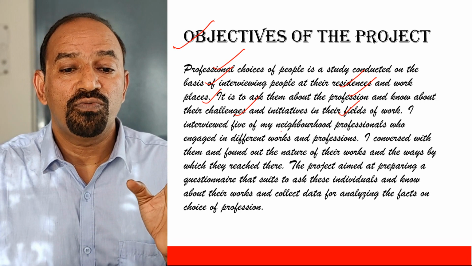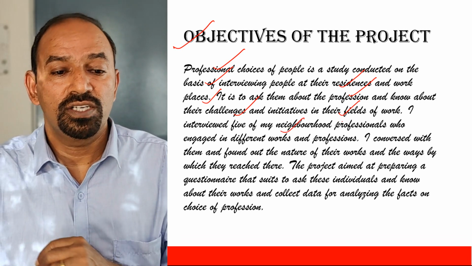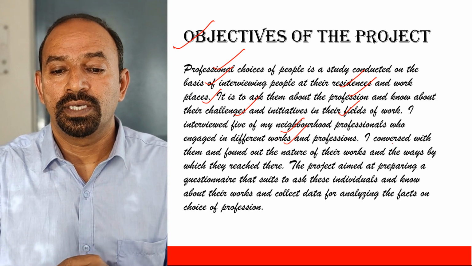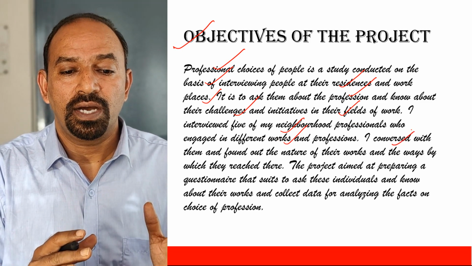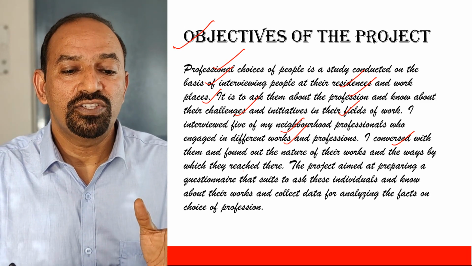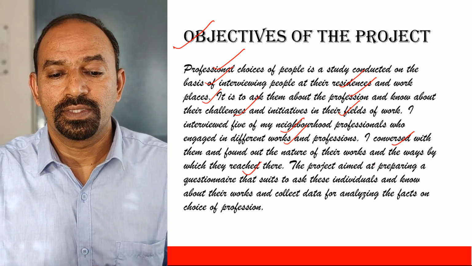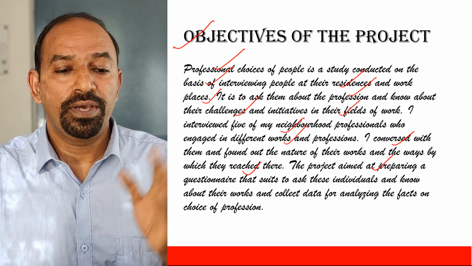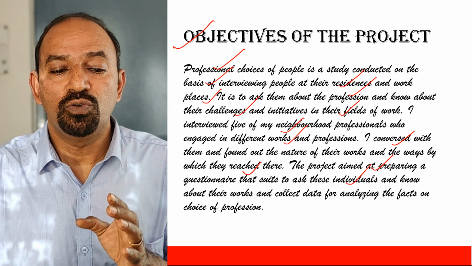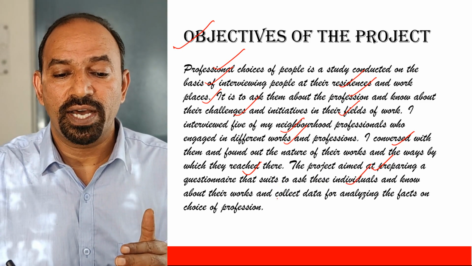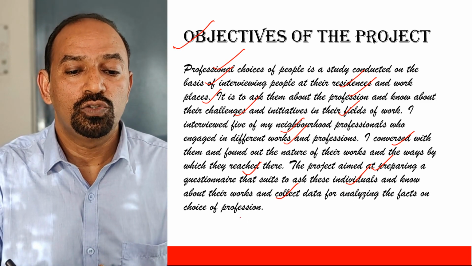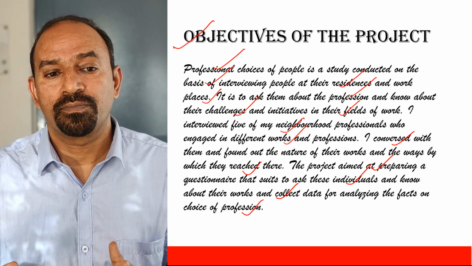I interviewed 5 of my neighborhood professionals who engaged in different works and professions. I conversed with them and found out the nature of their works and the ways by which they reached there. The project aimed at preparing a questionnaire that suits to ask these individuals and know about their works and collect data for analyzing the facts on choice of profession.